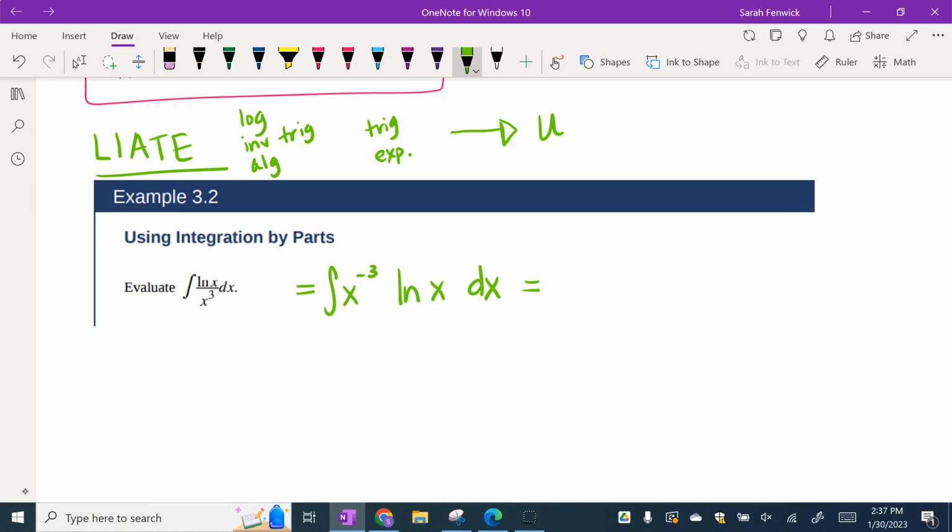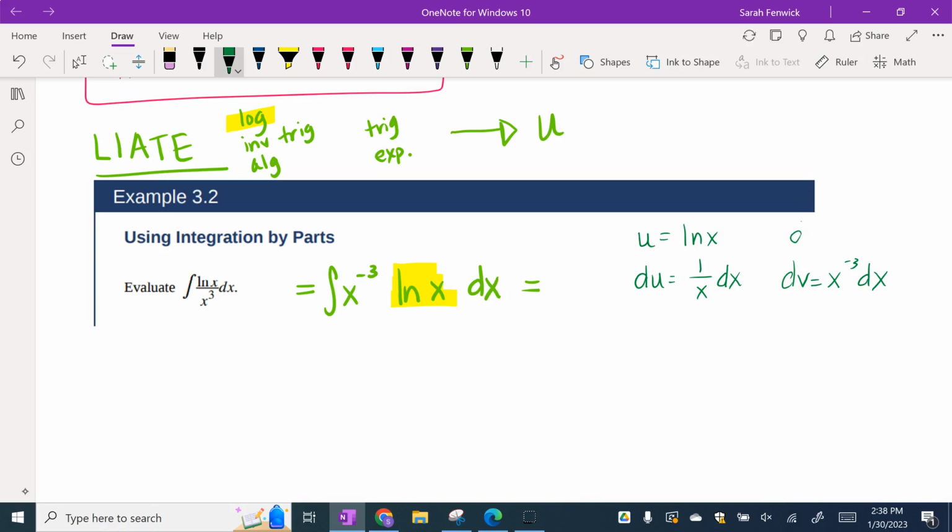Now, if you remember, the very first thing in our little list was log functions. ln is a log function, so I'm going to let this be my u. So u is going to be ln x. That means that du is going to be 1 over x dx. That also means that dv is x to the negative 3 dx.